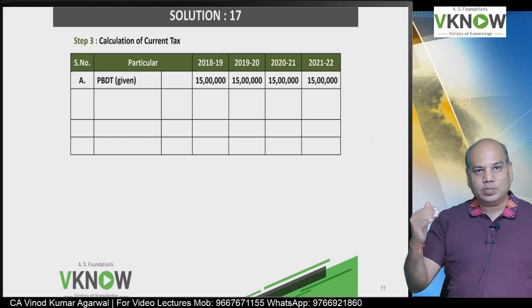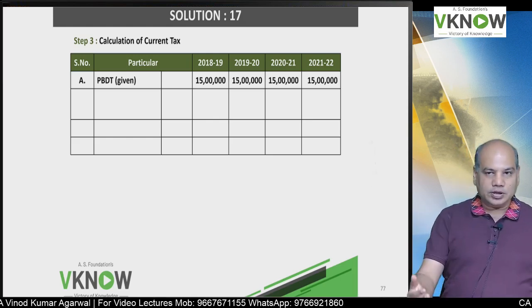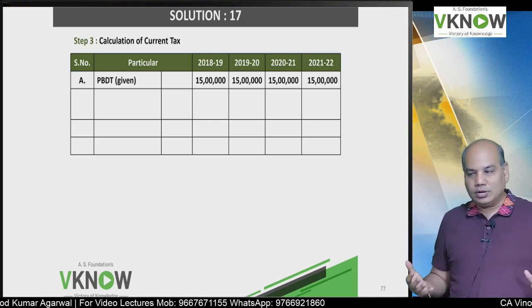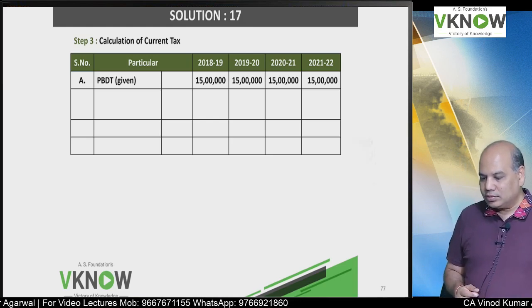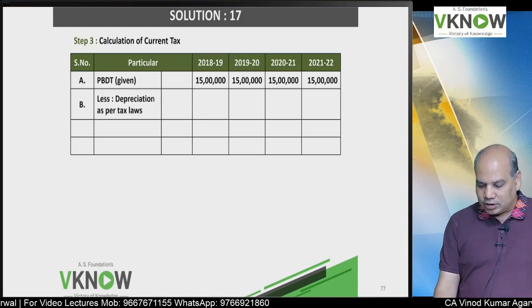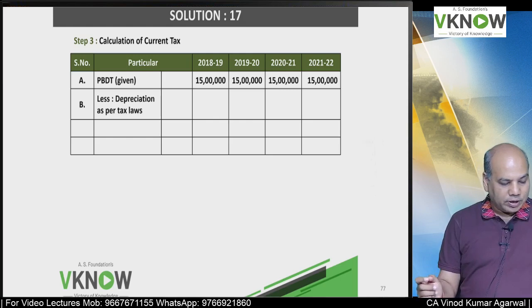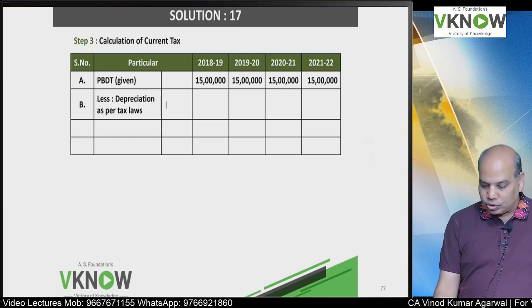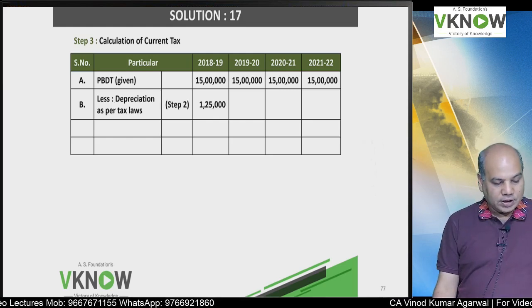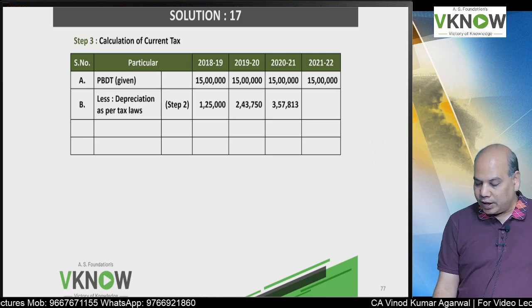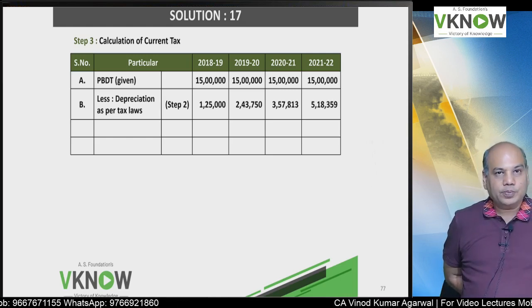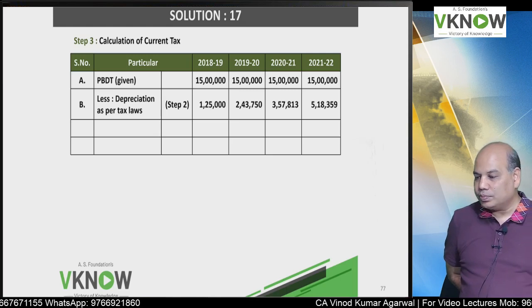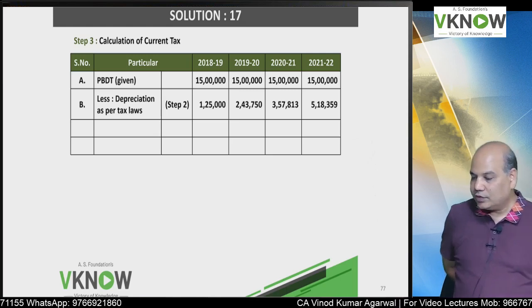Otherwise first you will write PBT, add depreciation, less depreciation. Why waste time? PBDT is given, and you directly deduct depreciation as per tax law. Go to step 2, previous step, and you will find this number in point E. Step 2 point E. Is it there?